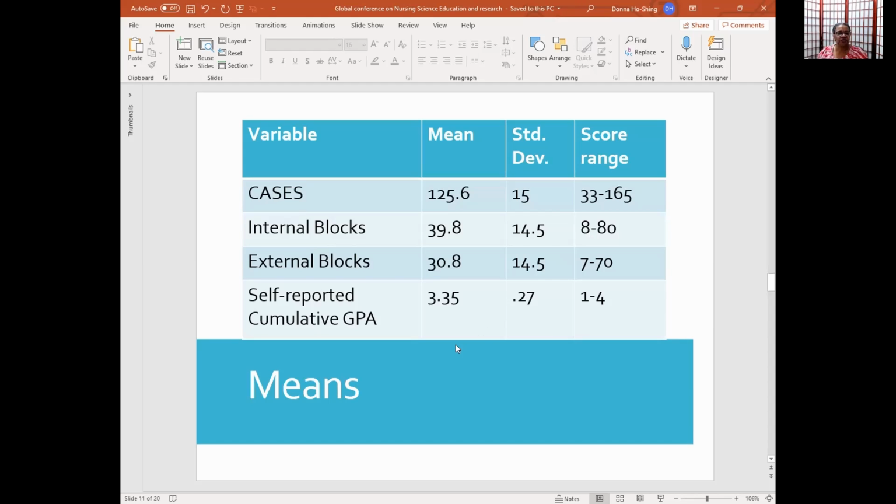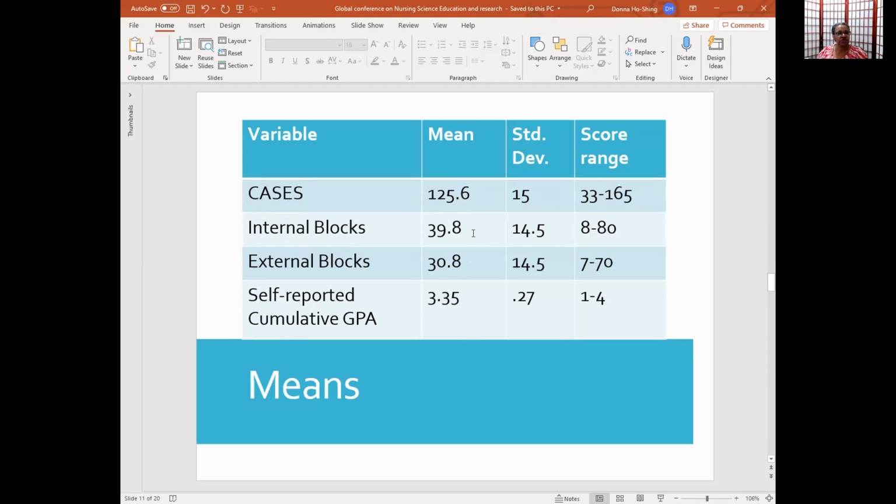Looking at the means after collecting the data, you can see that if the score range was up to 165 and the mean was 125, most students felt that they had the self-efficacy to be successful.